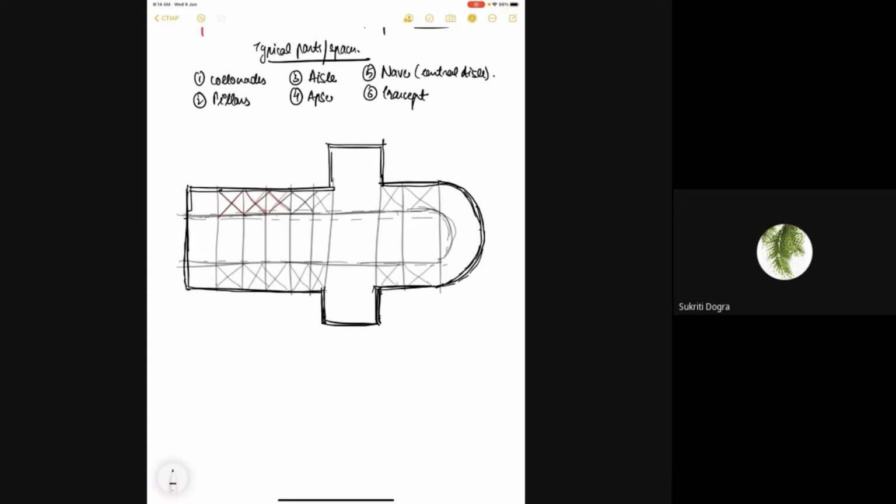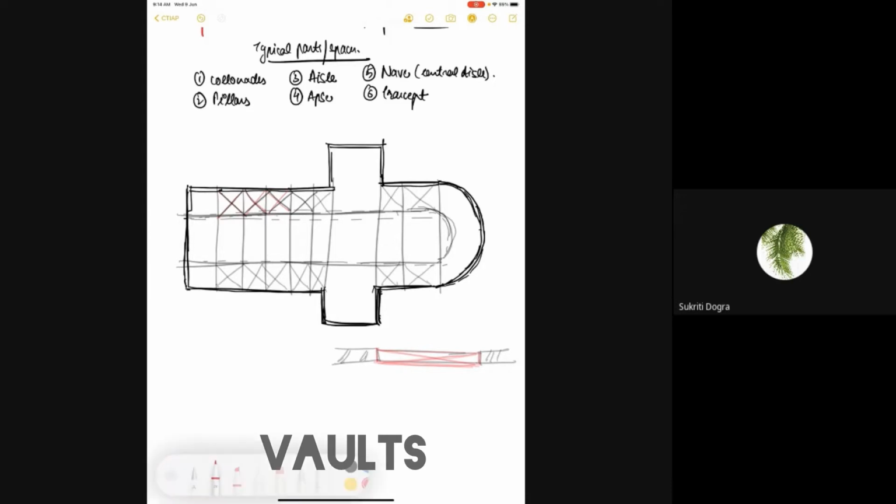If I have to show an arch in my plan, suppose this is a wall and this is a wall, and in between I have an arch, then for representing this arch, I will draw a cross like this. This is the representation of an arch that we draw in an actual plan. In the same way, the arch that I'm drawing here represents the walls that we have in the ceiling.